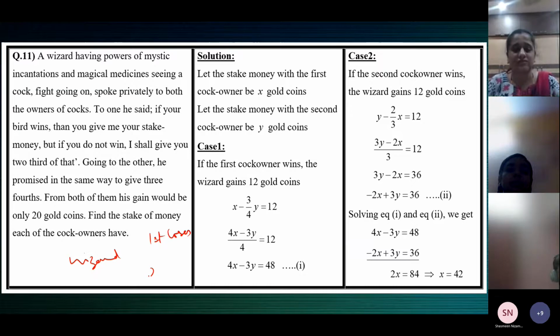So what happens? If you win, you'll have to give your money to the wizard, but you're going to receive from the first one. So you're still going to have money.